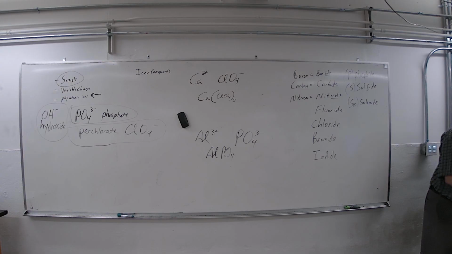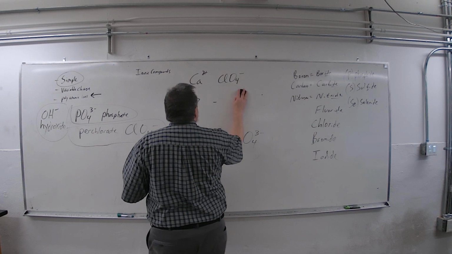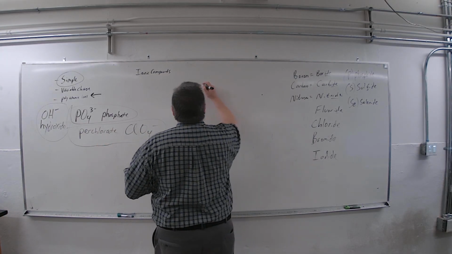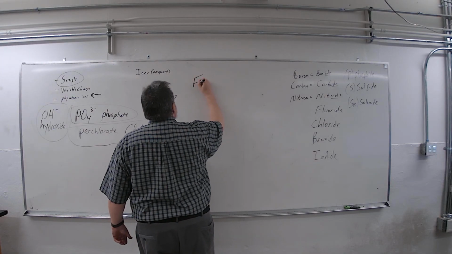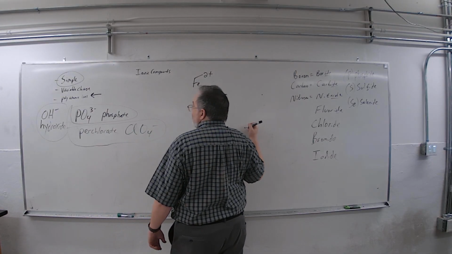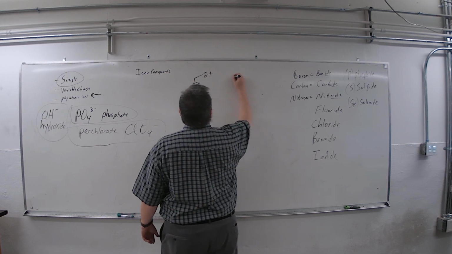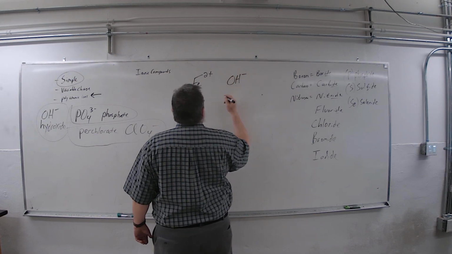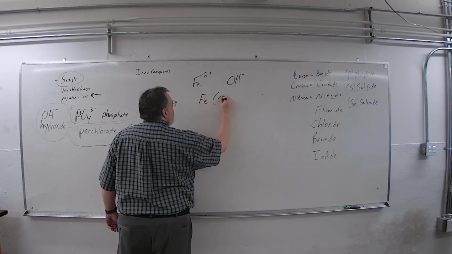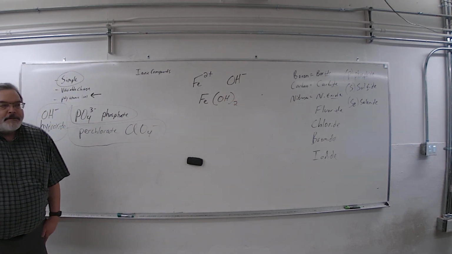All right. Now let's do the variable ones. Formula here, Fe(OH)2, right?